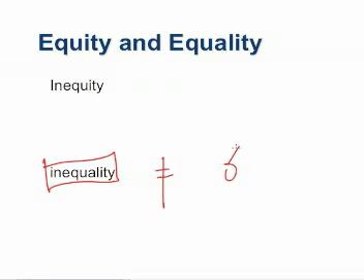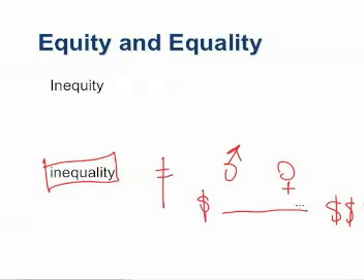So males and females are not equal. It's a fact. Some people are not so rich. Some people are very rich. So they're not equal. It's just a fact of society. Some people are very educated, and some people not so much. So again, there's an inequality.